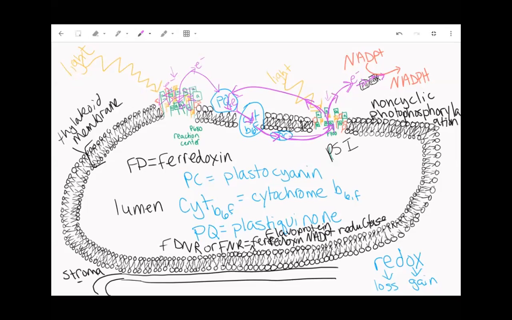So each time it's boosted from photosystem 1, it'll go into one of those two possibilities. When it is instead thrown back over to plastoquinone, this is known as the cyclic part of photophosphorylation.